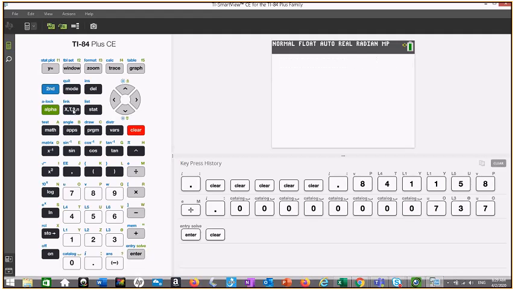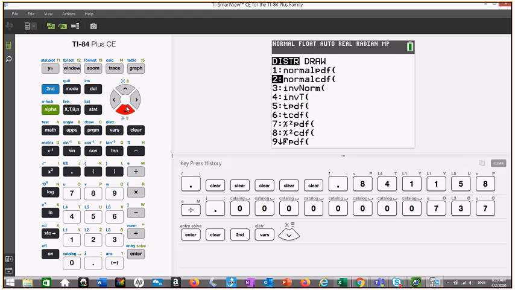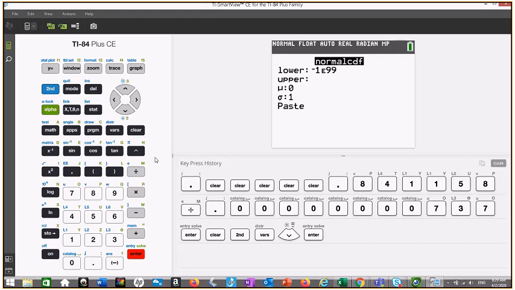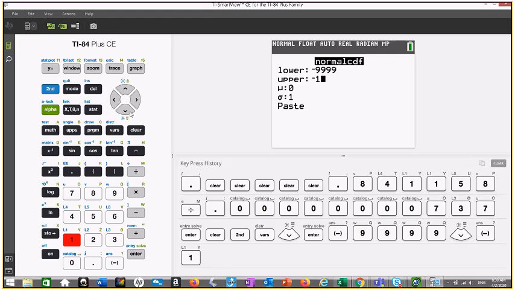So second, vars, normal CDF. Now with the old calculator you already have, it's designed to do z-scores. Okay, so the first one is -9999, which we already got there, but I'm going to type it in. -9999 to -1 and paste.